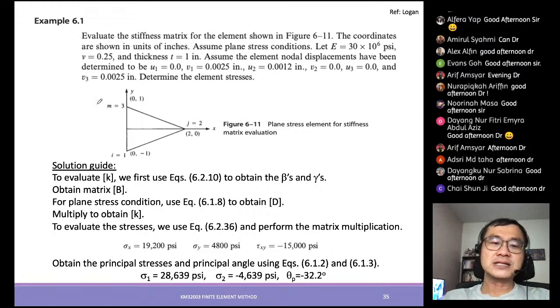So these examples just illustrate one single element itself, let's say we take this as a plane stress element problem.